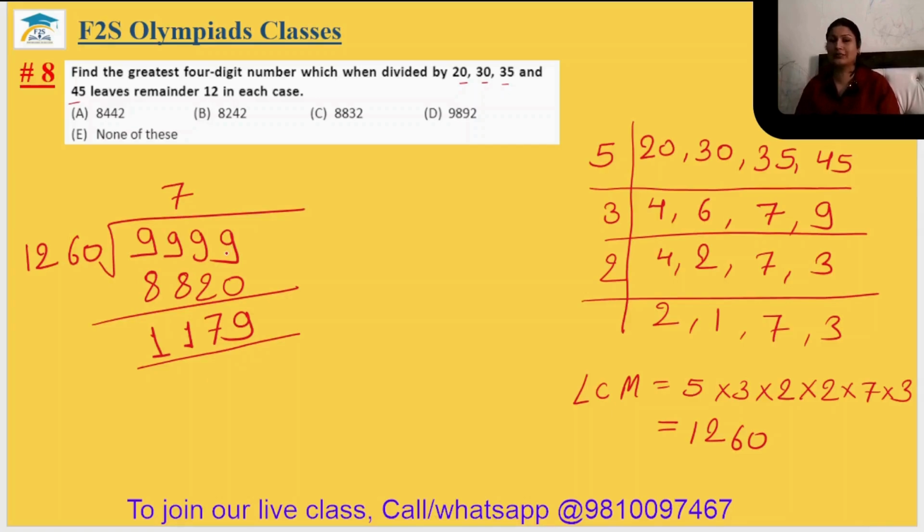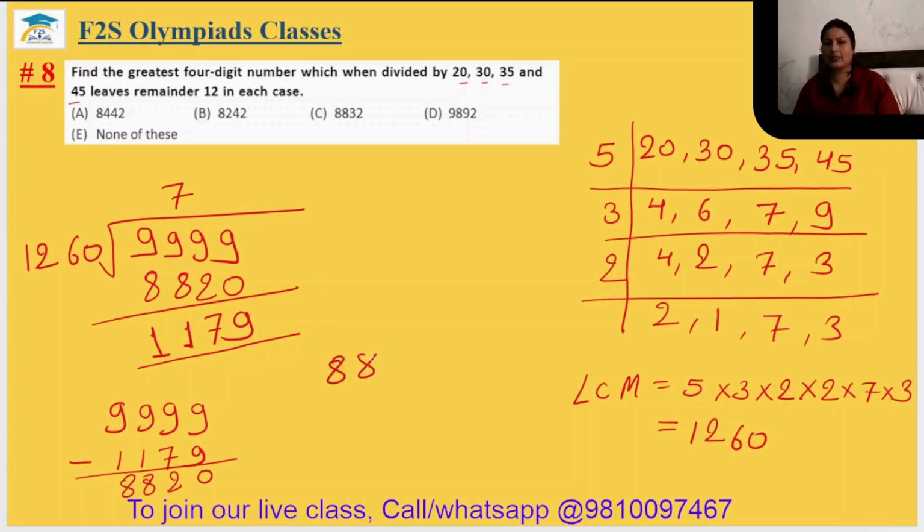The greatest four digit number which is completely divisible by these numbers will be the difference of the greatest four digit number and 1179, because the remainder is the extra number. So 9 minus 9 is 0, 9 minus 7 is 2, 9 minus 1 is 8, 8. So the four digit number is 8820. That is completely divisible by the given set of numbers.